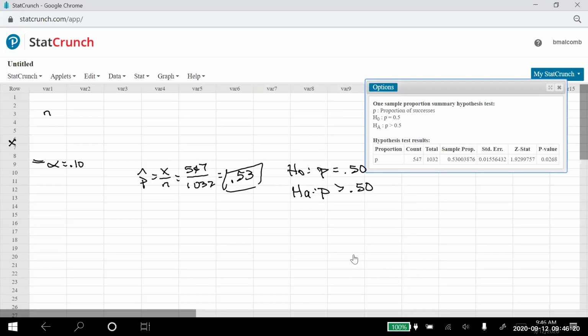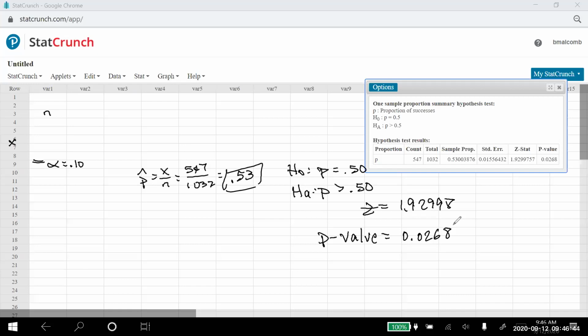Well, let's get it. Well, there it is. So my z-stat, z is equal to 1.92998. We'll round to there. The p-value is equal to 0.0268. All right.